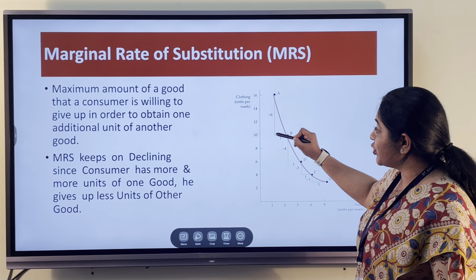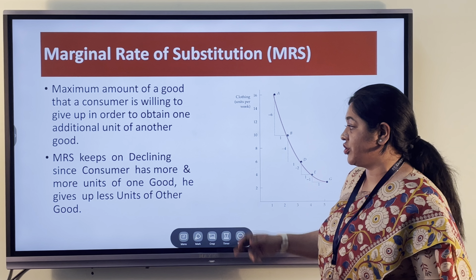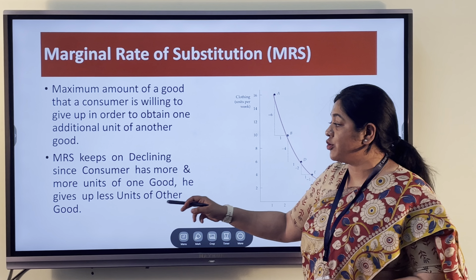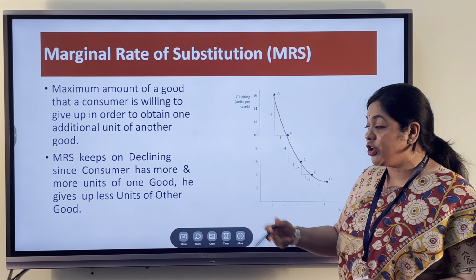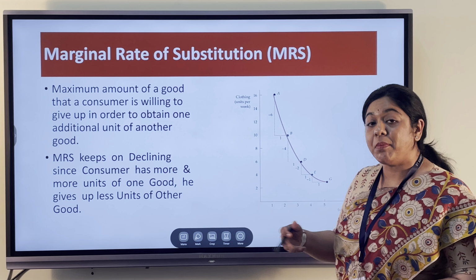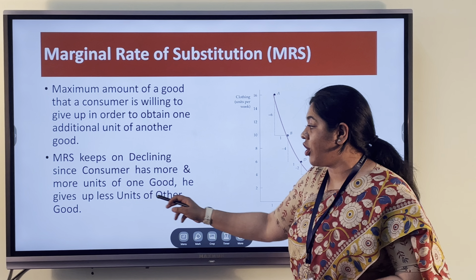Similarly, at this point, if we give up 4 units of clothing, we get 1 more unit of food. So that is what is known as the marginal rate of substitution. This marginal rate of substitution keeps on declining since the consumer has more and more units of one good and gives up fewer units of the other good.